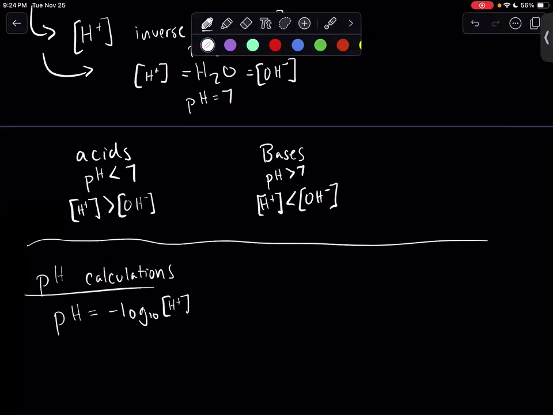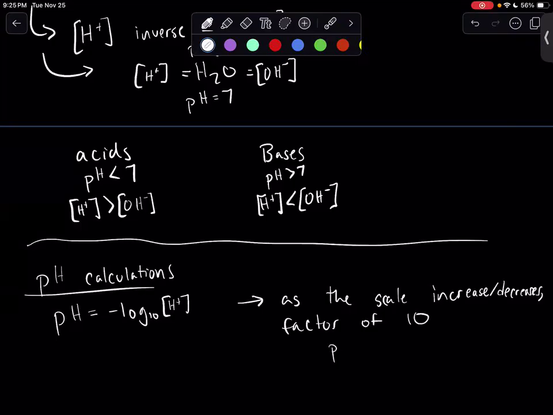What that tells us is that as the scale increases or decreases, it's a factor of 10, meaning that a pH 2 has 10 times the H plus concentration of pH 3.